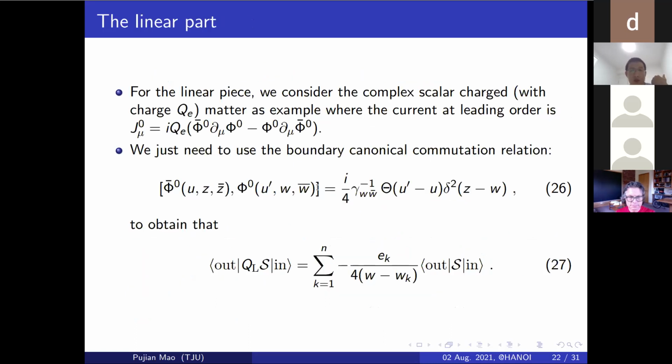And then for the linear part, for simplicity, we just consider the complex scalar charge, and the current is defined in this way. You just need the standard canonical commutation relation like this one. You can get the right-hand side of the Ward identity in this way.